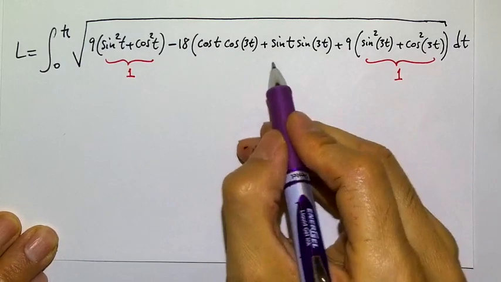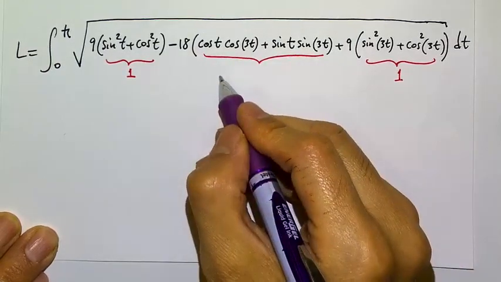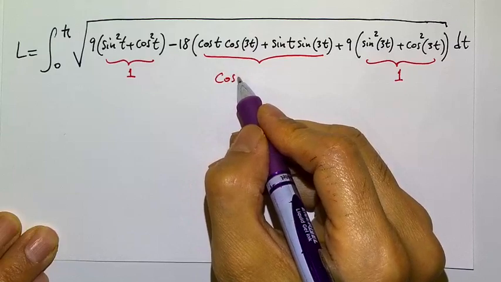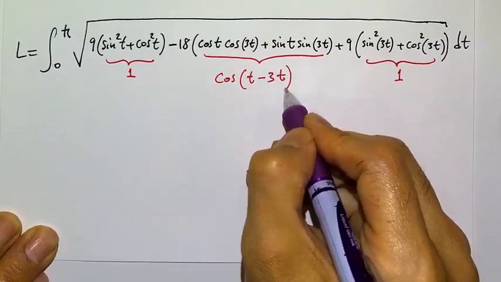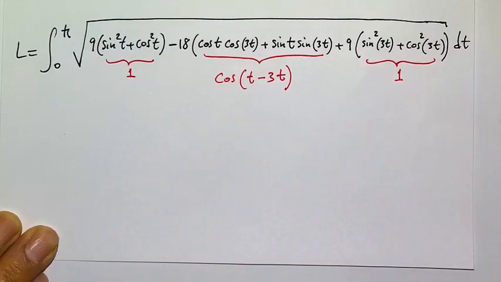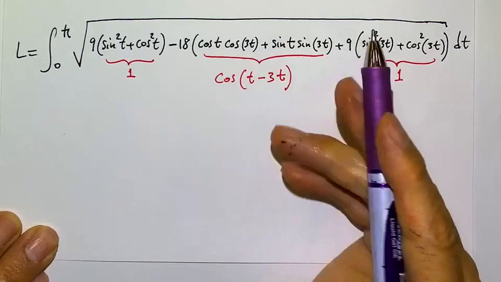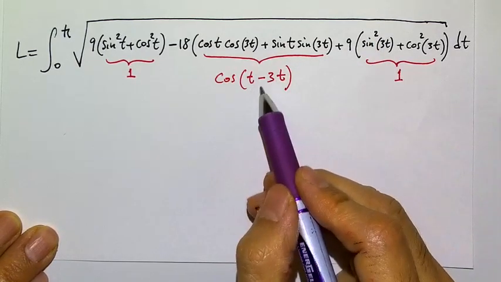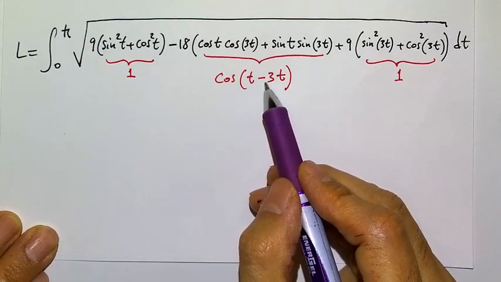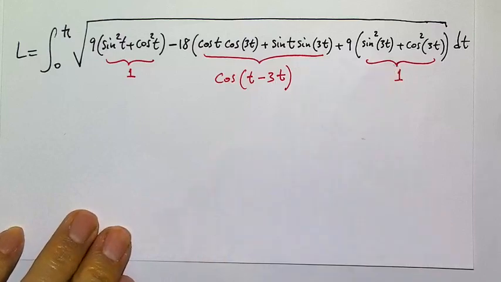And that was, we can rewrite this as cosine of t minus 3t. Okay, it makes no difference if it's 3t minus t, because cosine is an even function. So whether you have minus 2t or positive 2t on the inside, the result is positive cosine of that quantity, cosine of 2t.